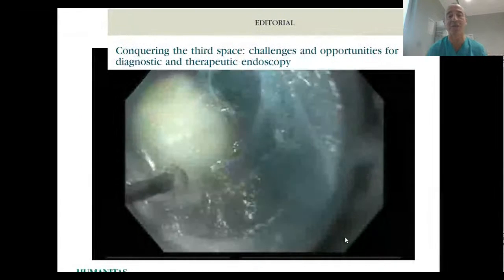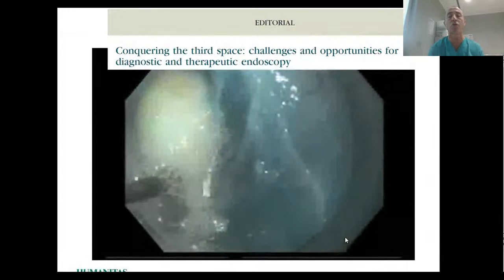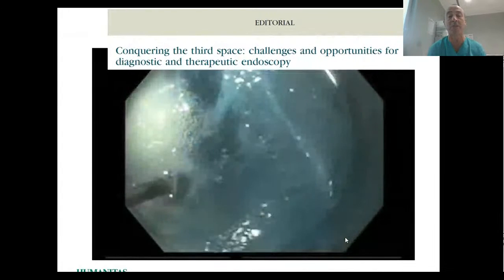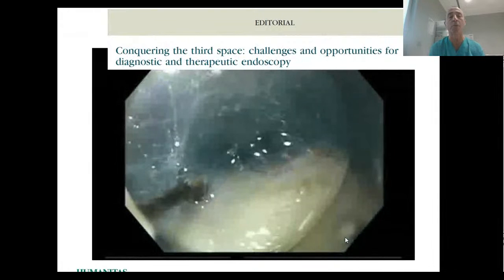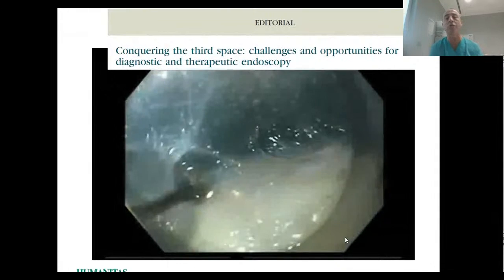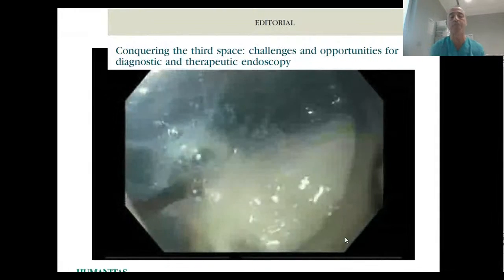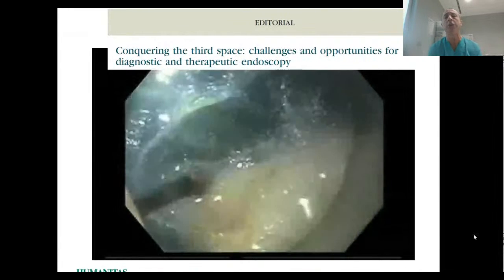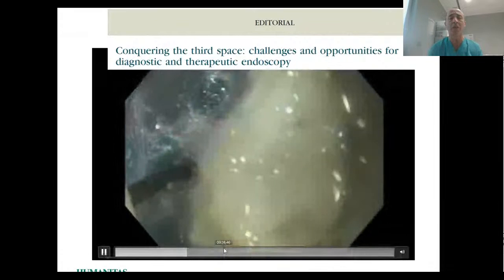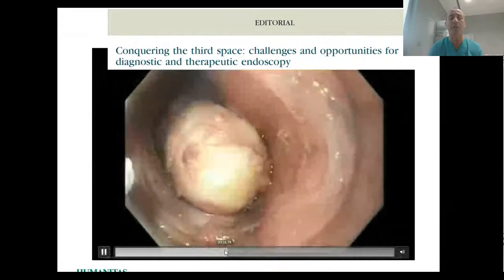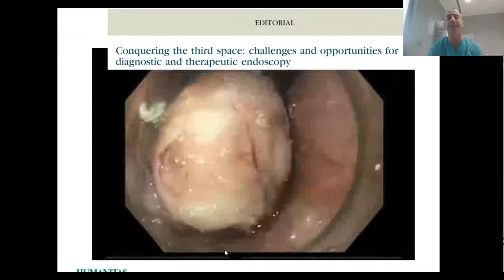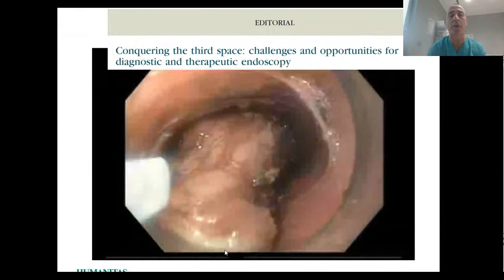Of course, we have advanced ourselves in the third space. This is a video to show that going in the third space, we have a lot of opportunities. This is submucosal tunneling to remove a large GIST lesion in the esophagus. You see, we're using a hybrid knife, and we have isolated the large GIST completely.